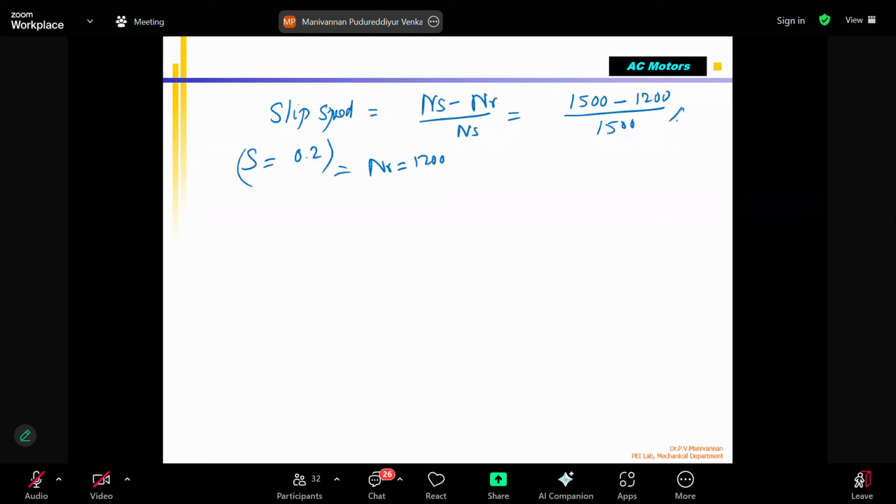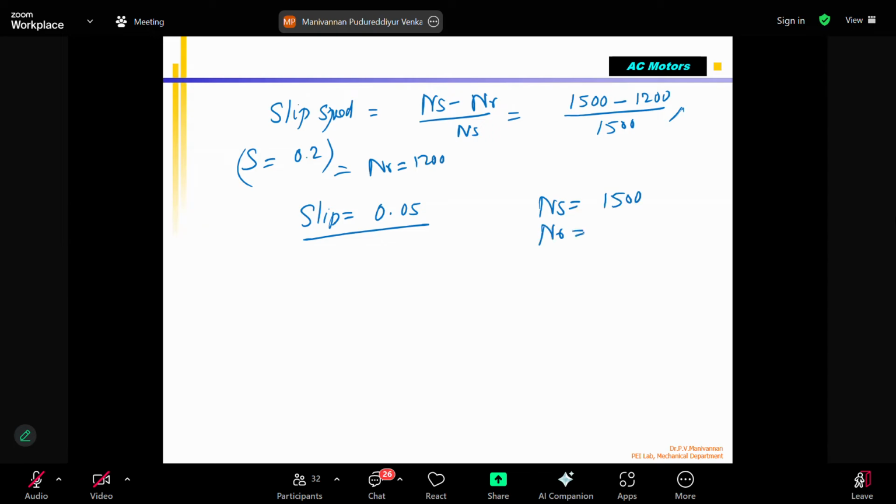For example, I computed another value, for example, slip equal to 0.05. Please remember that many times the motor will be running with slip less than 0.1, most of the time. Then NS is already the same, a 4-pole motor, which we know is 1500.